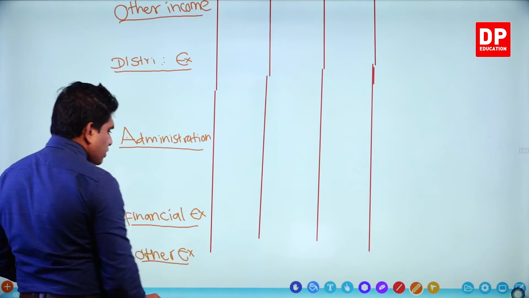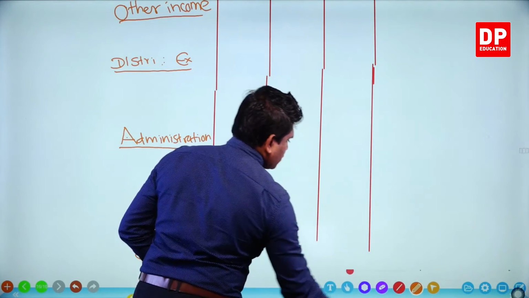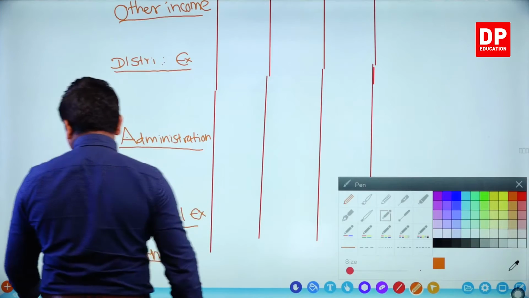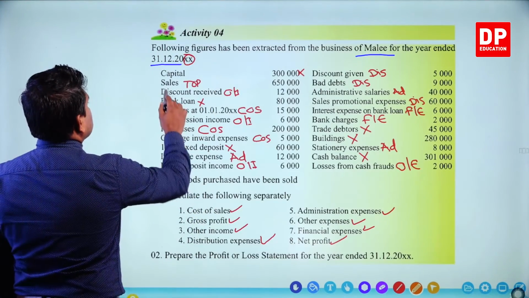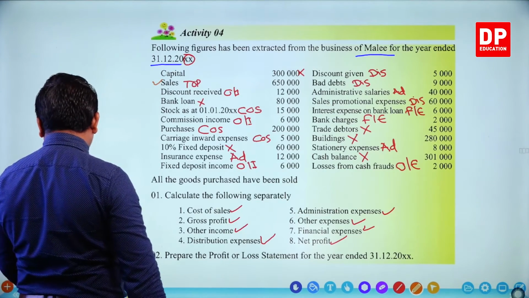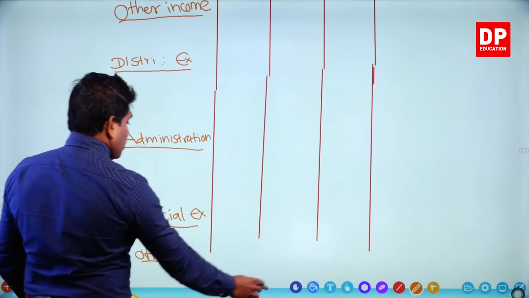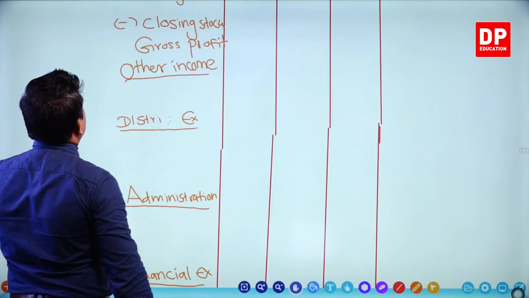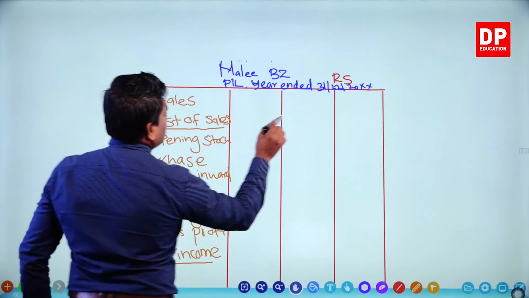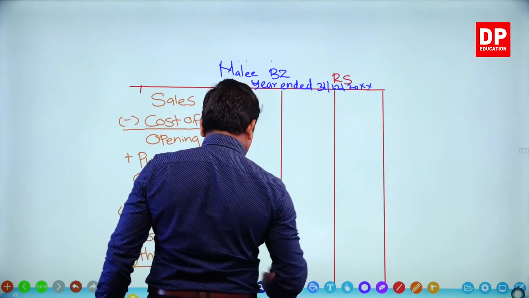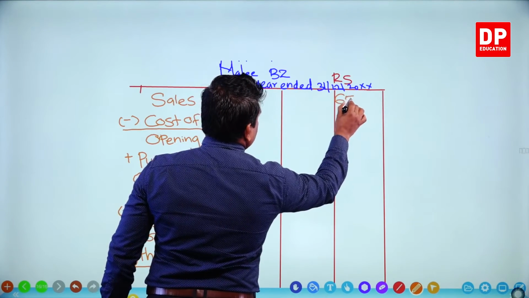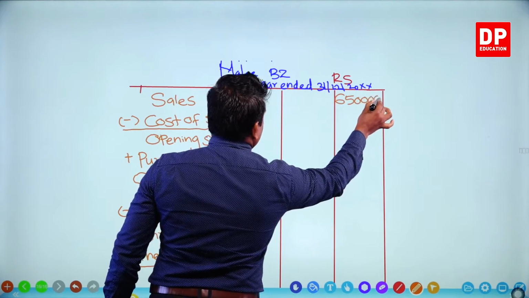Now what do you do? Then we put the details from the question into the given format, right? Sales. One by one you can take. Sales 650,000 goes on the top, right? Then sales 650,000 goes to the corner. Okay.